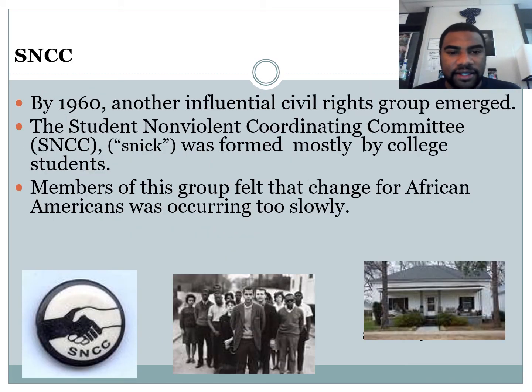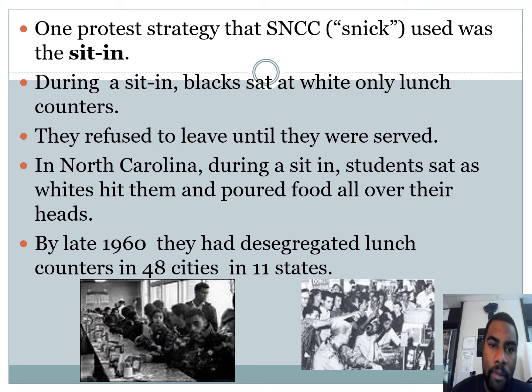In 1960, another influential civil rights group emerged, the Student Nonviolent Coordinating Committee, SNCC, formed mostly by college students. Members of this group felt that change for African Americans was occurring too slowly. One protest strategy that SNCC used was the sit-in.